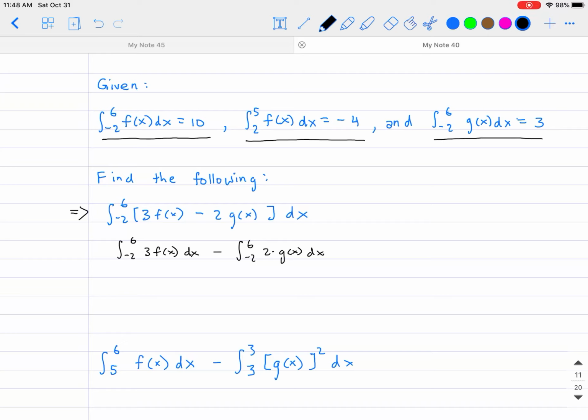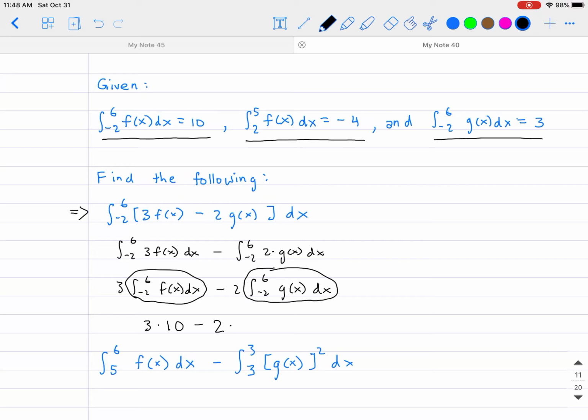Just look at them independently. I'll take out the 3, because multiplying a function by 3 is the same as taking it outside, exactly the same as the limit laws. So 3 multiplied by the integral from -2 to 6 of f of x dx, minus 2 multiplied by the integral from -2 to 6 of g of x dx.